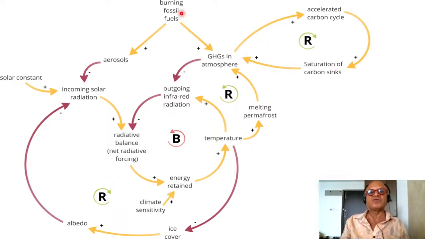You can also be adding another signal from burning fossil fuels, and that would reduce the outgoing long wave radiation because you are trapping more energy into the system, and that would then be going in the other direction to increase the warming. So if you reduce this, then you increase the energy retained. So these signs have to be watched out carefully, and we talked about the aerosol feedback as well.